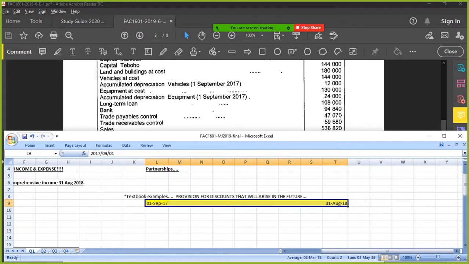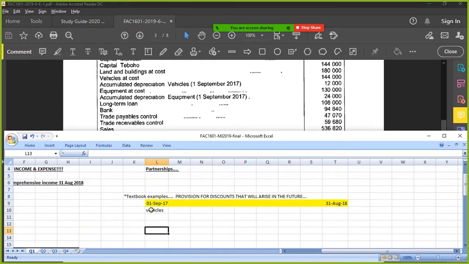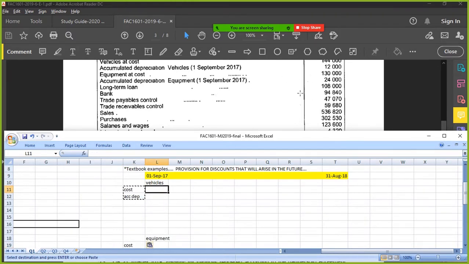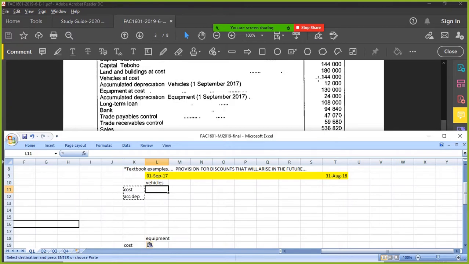Okay, so I've got vehicles and I've got equipment. For vehicles, I've got costs and I've got accumulated depreciation. Vehicles cost 144. Looks like it. Accumulated at the 1st of September. Okay, be careful.